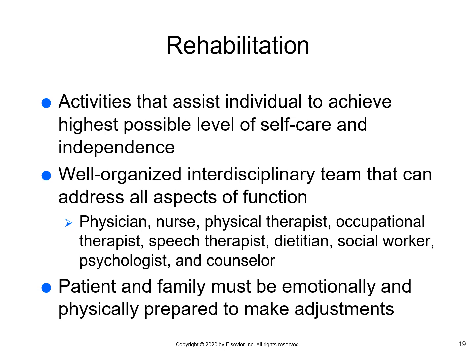Right then, your patient is for sure going into rehabilitation. These are activities that assist the individual to achieve the highest possible level of self-care and independence. Please highlight that part. A well-organized interdisciplinary team can address all aspects of the function. So we're going to have physician, nurse, PT, OT, speech therapist, dietitian, social worker, psychologist, and counselor.